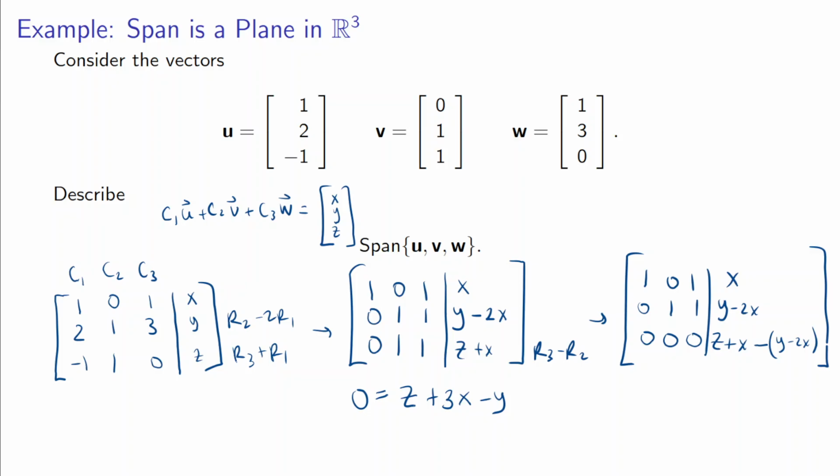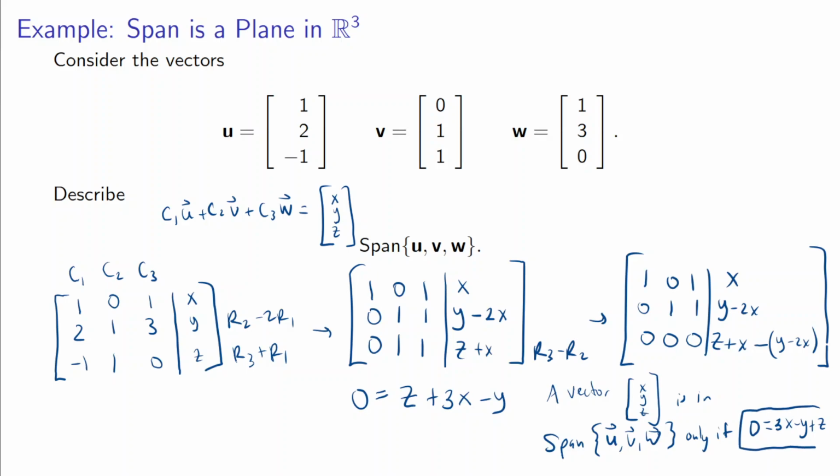And so what we get here basically is that the only vectors, so a vector x, y, z is in the span of u, v, w only if 0 equals, maybe I'll do this in alphabetical order, 3x minus y plus z.